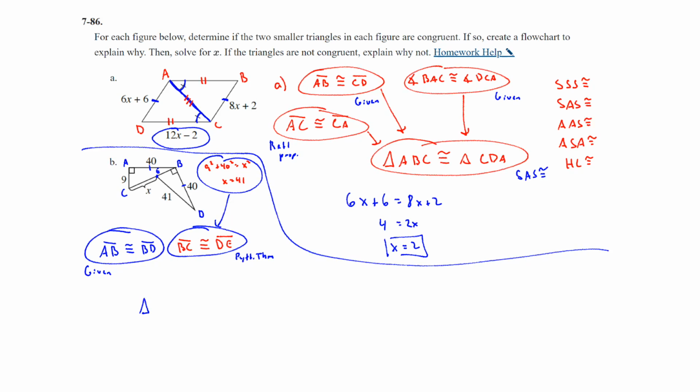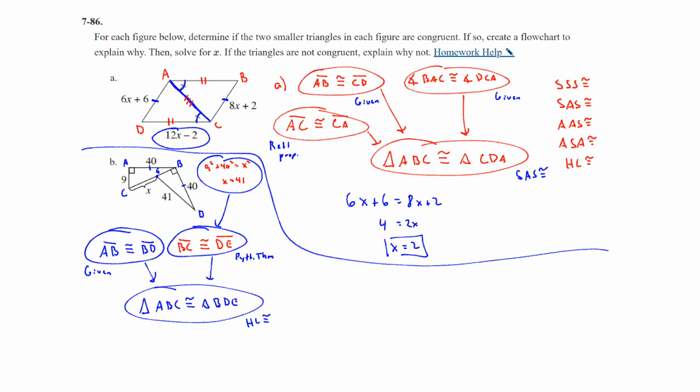So we can say that triangle ABC is congruent to triangle BDE. And we know that by hypotenuse leg congruency.